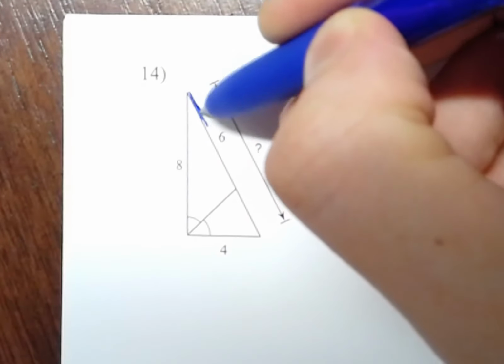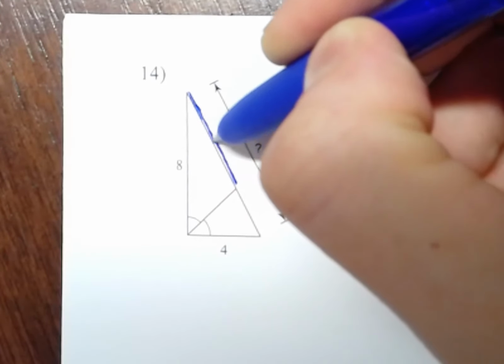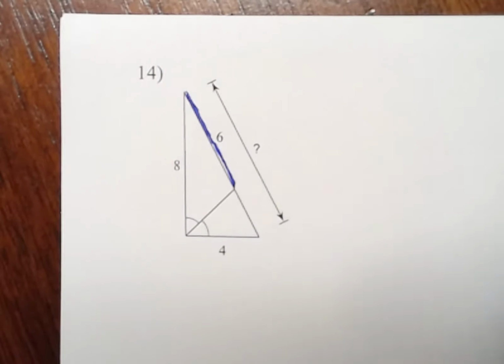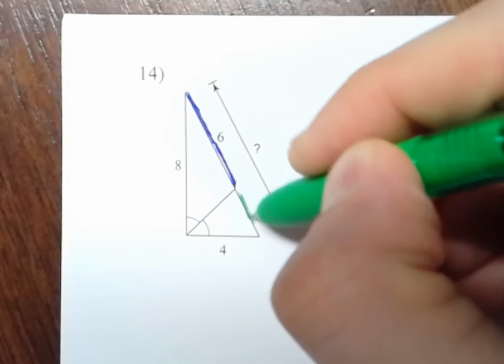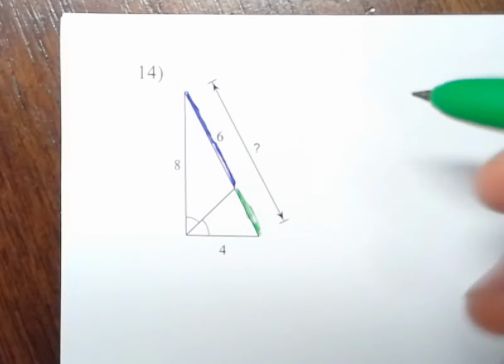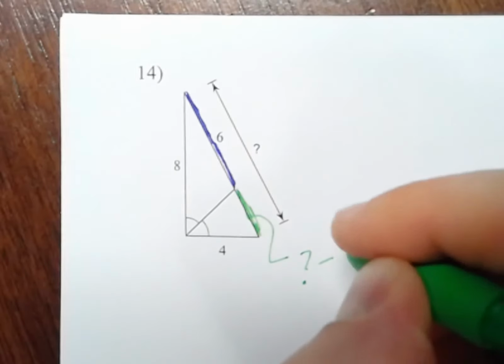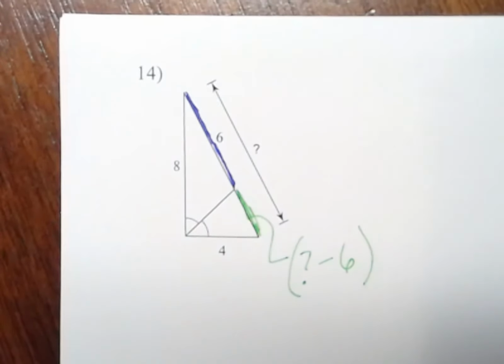Just this part right here is 6. So if the whole thing is the question mark, then the remainder, that part right there, is question mark minus 6. We can treat that as an expression. It's question mark minus 6.